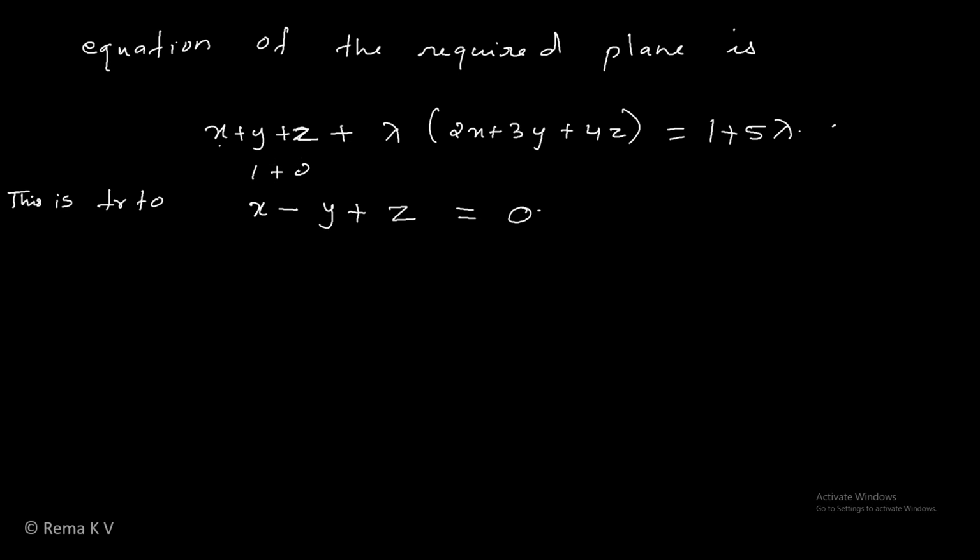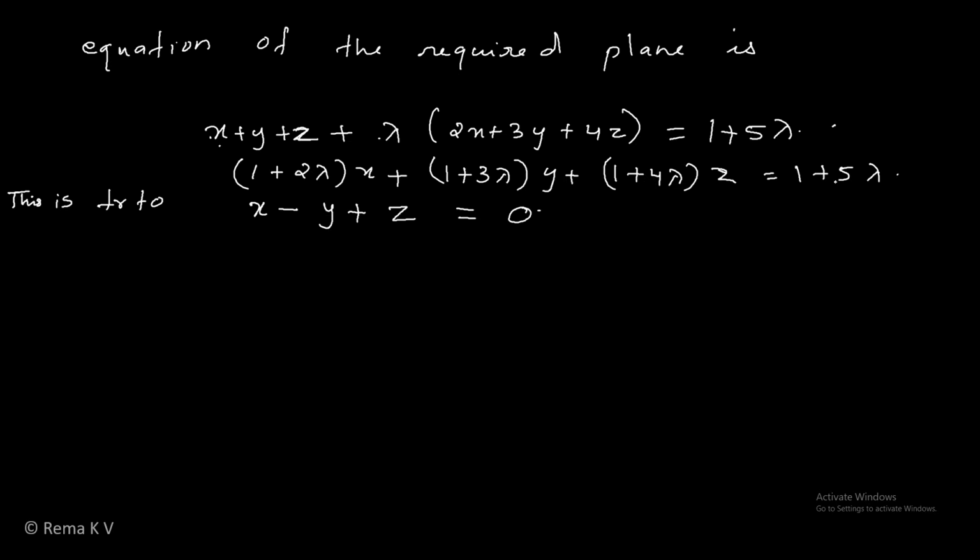1 plus 2 lambda x plus 1 plus 3 lambda y, then plus 1 plus 4 lambda z equals 1 plus 5 lambda. This is the equation of the plane. And what are the direction ratios here?